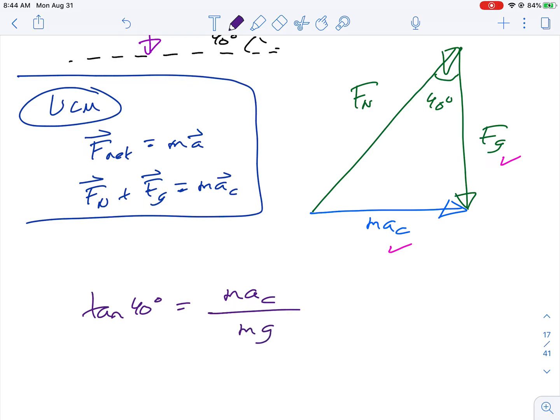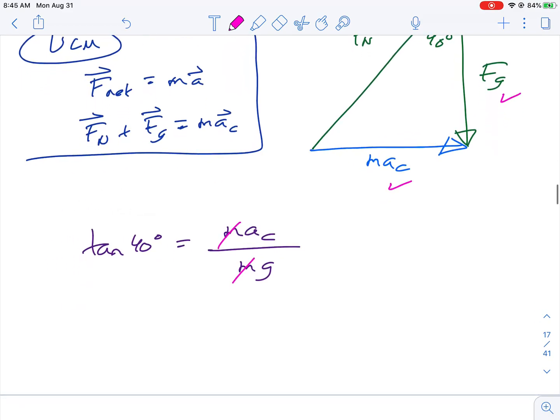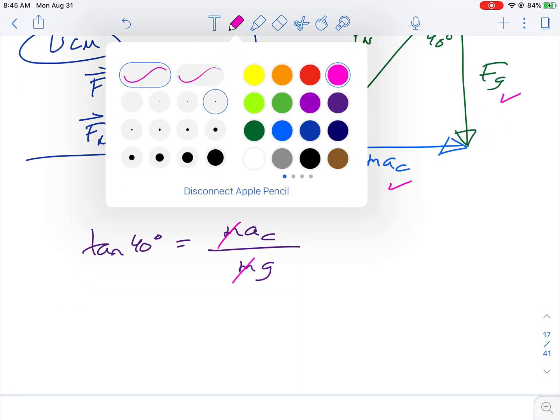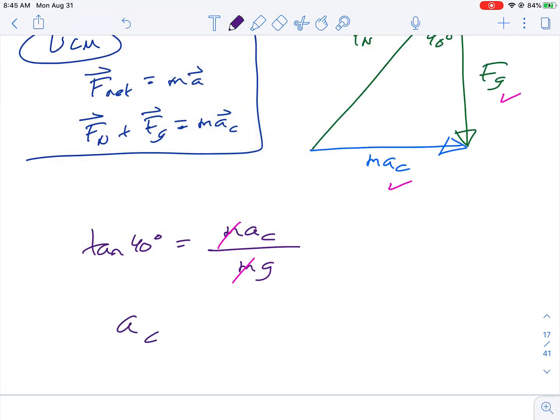That's your Fg. Masses cancel, so we don't need to know it. And as I've derived before, we have AC is equal to g tan 40 degrees.